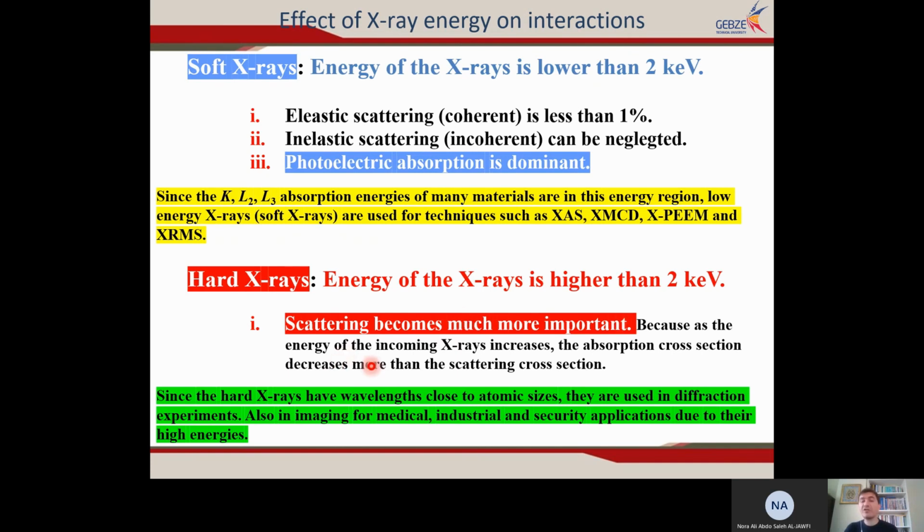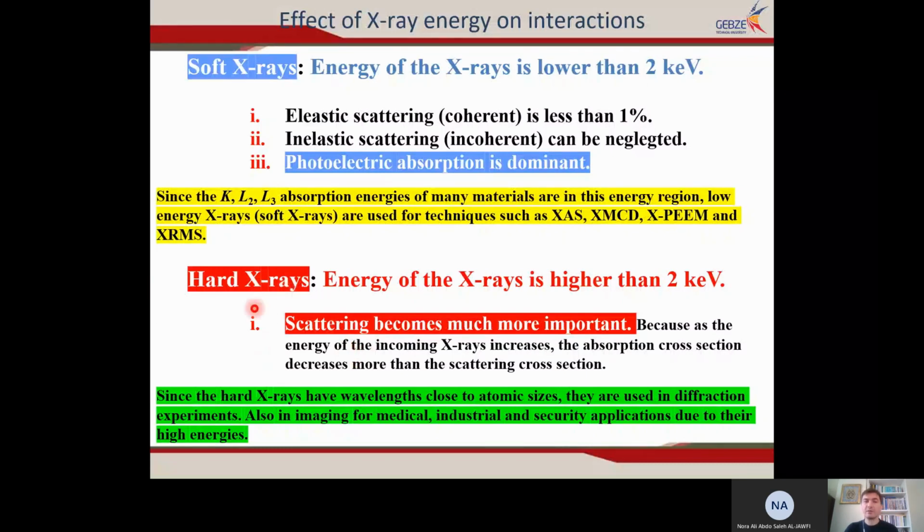Because as the energy of the incoming X-rays increases, if you are using highly energetic X-rays, the absorption cross-section decreases more than the scattering cross-section. So absorption can be neglected here. So if you would like to carry out scattering experiments, you have to use hard X-rays.